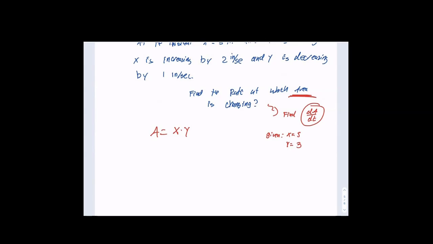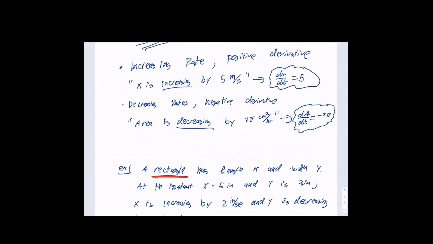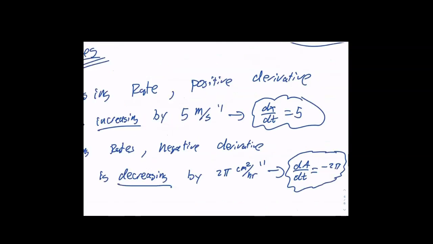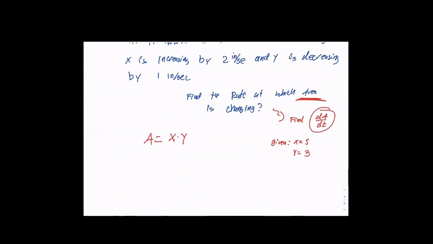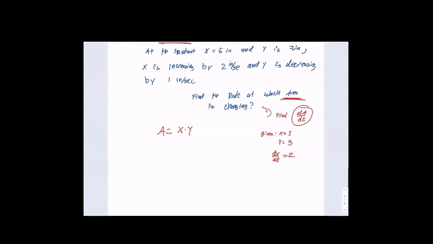And how do I write that mathematically? dx/dt equals 2. Perfect. And I'm also given dy/dt equals 3.